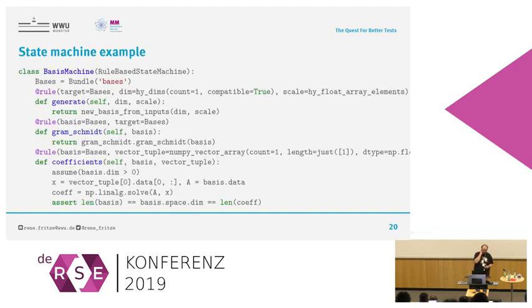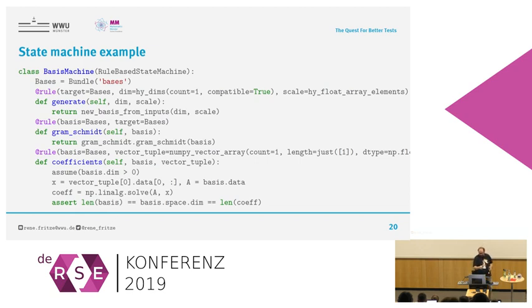I've only come up with a very simple example as of now. This is a state machine for basis testing, so a vector space basis. You define a member that is a bundle. So basically the library will then generate new bases from all functions that have a target for this.